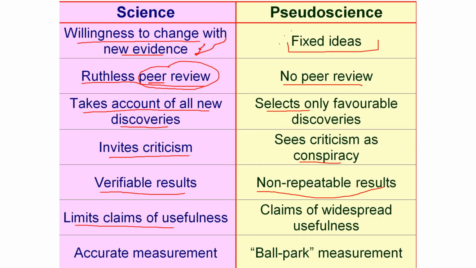Science limits claims of usefulness. It means that if they make some kind of extract, for example, from a plant, and they apply it to treat burns on the skin, they will say, in our experiment we showed that if we treat with this extract from the plant, it helps to decrease the healing time.